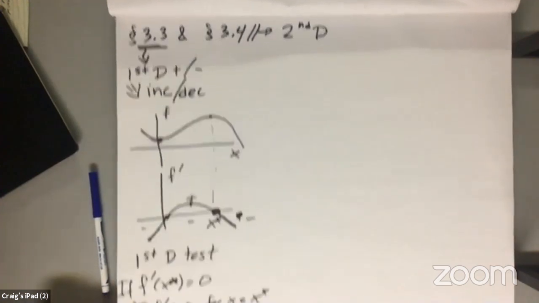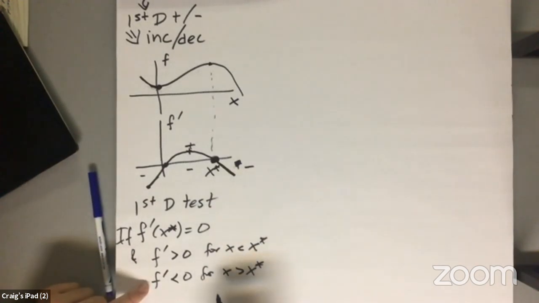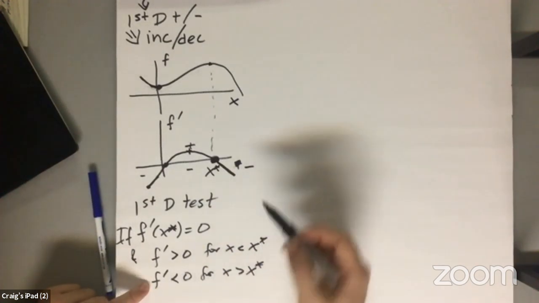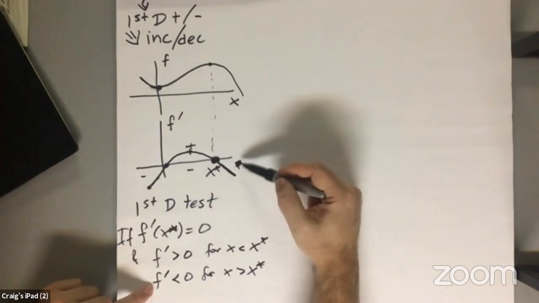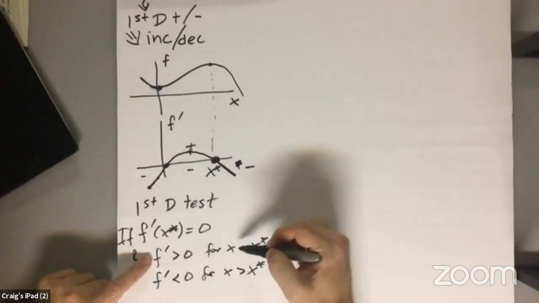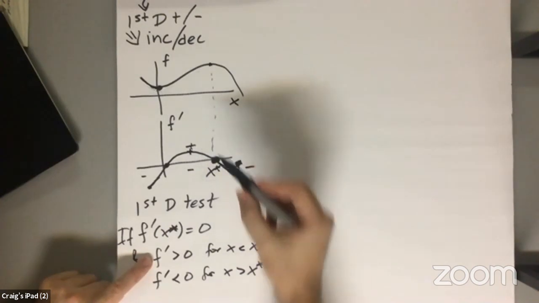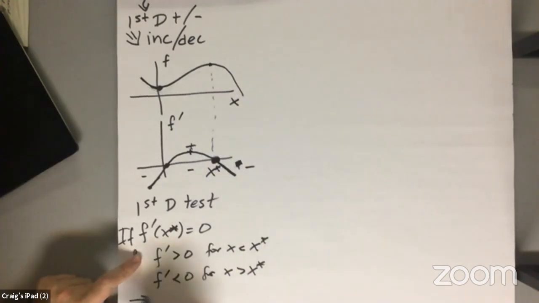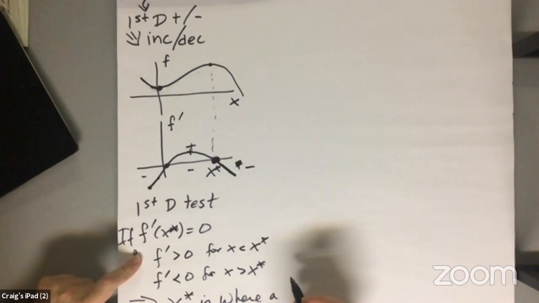So here's the first derivative test. If the first derivative is positive to the left and negative to the right, so for x values less than x star the first derivative is positive, and for x values bigger than x star it is negative, then what does that tell us? It guarantees that x star is where a max or a min occurs.